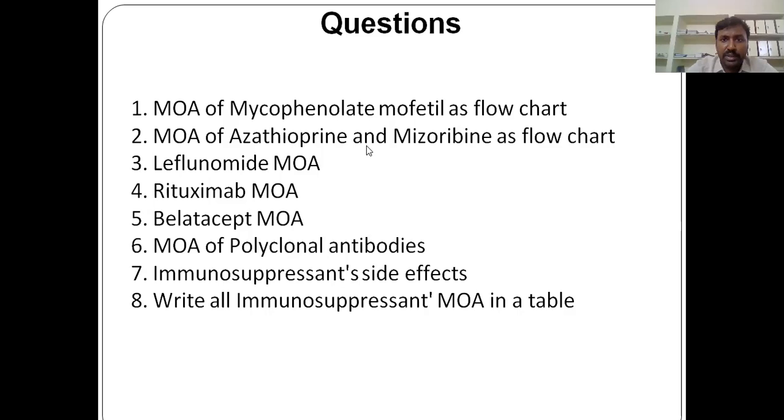Mechanism of action of azathioprine and mercaptopurine as a flowchart. Leflunomide mechanism of action. Rituximab and belatacept mechanism of action. Mechanism of polyclonal antibodies, and all immunosuppressant side effects. Here you have to write the common side effects. Write all immunosuppressant mechanisms of action in a table. I gave a table, so you make all the mechanisms of action in a table.